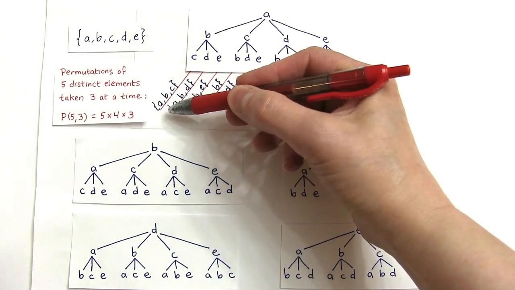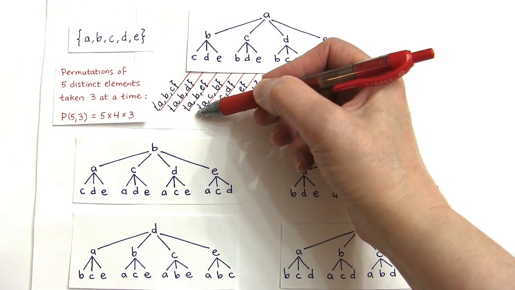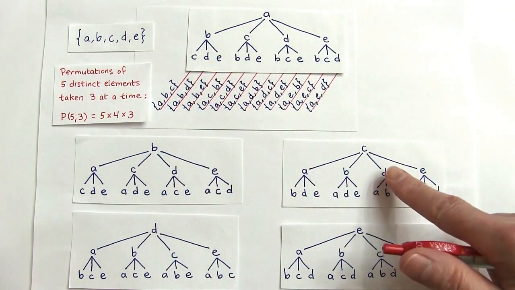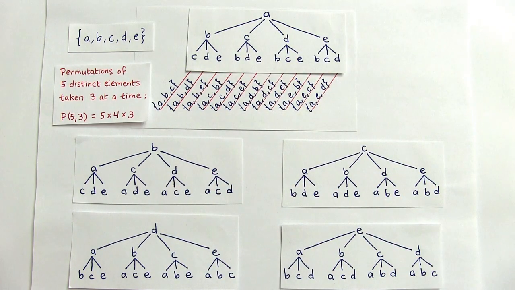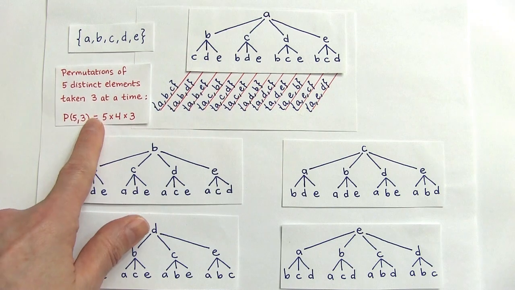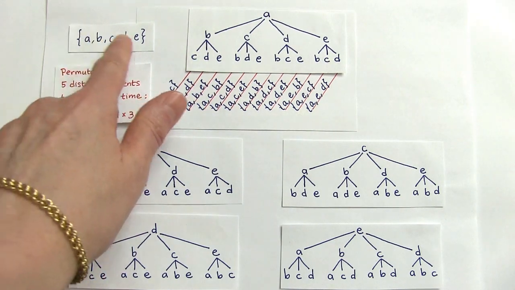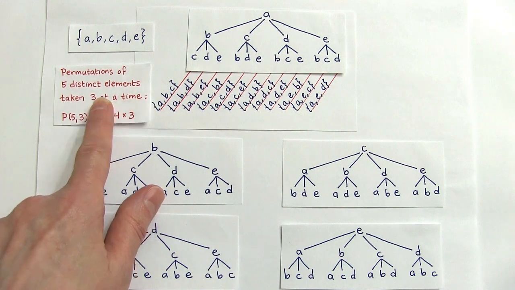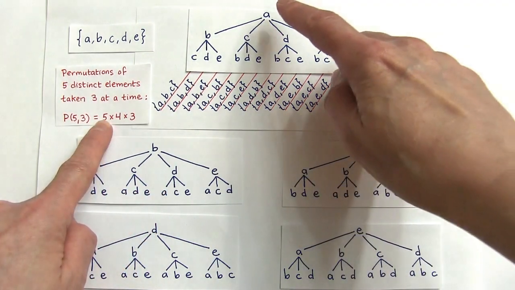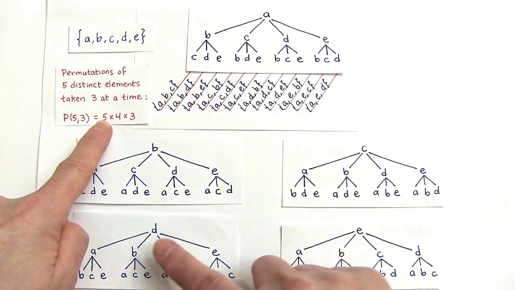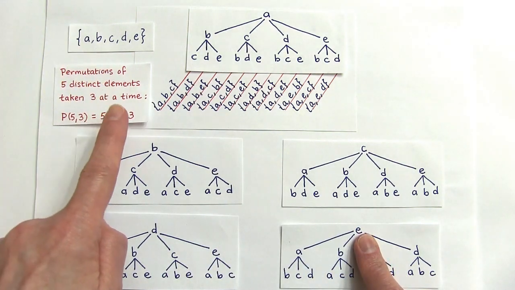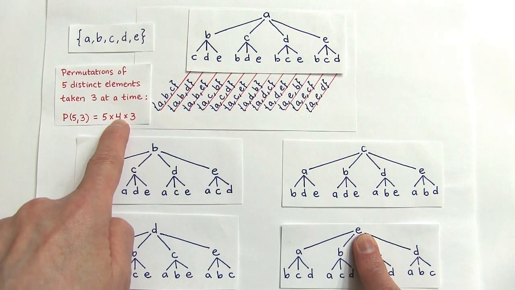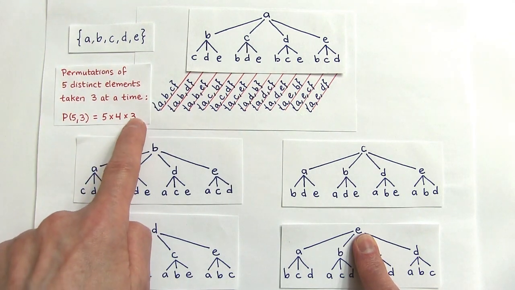So if we take the curly braces off of these sets, we can see that making a set of trees like this is actually giving us the number of permutations of 5 distinct elements taken 3 at a time. That is, we have 5 ways to choose the first letter, times 4 ways to choose the second letter, and times 3 ways to choose the third letter.